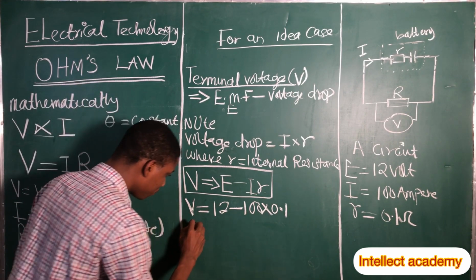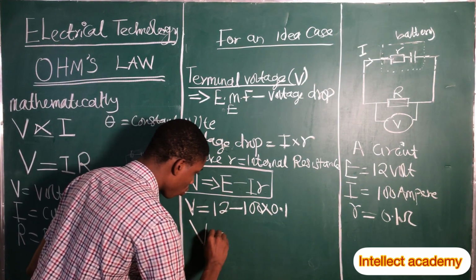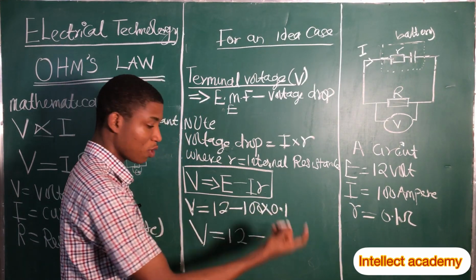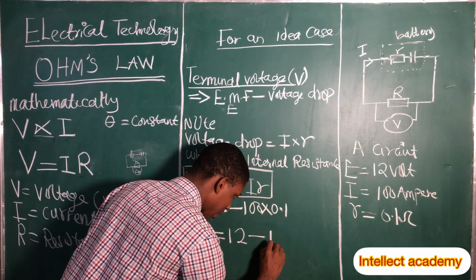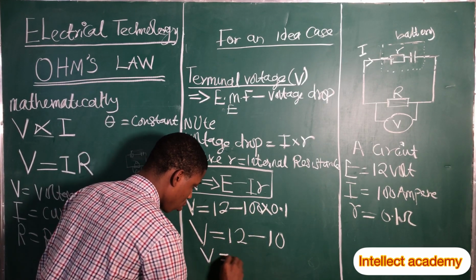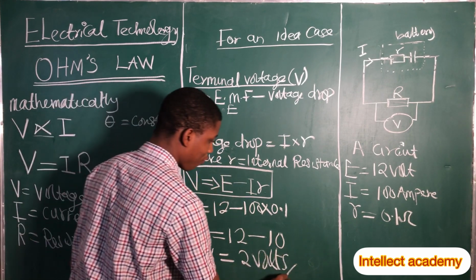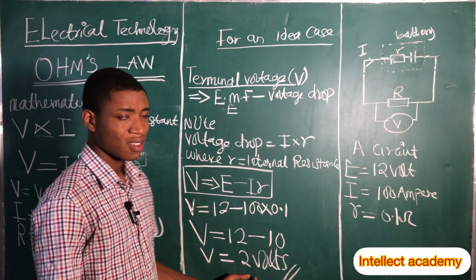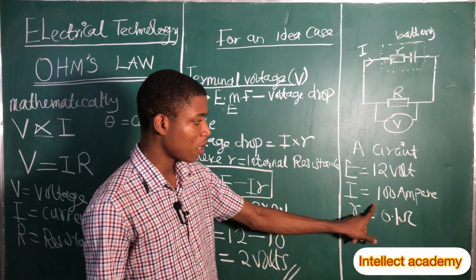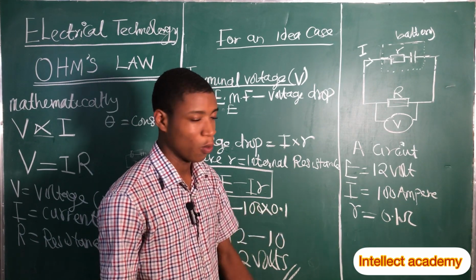So V, the terminal voltage, equals 12 minus 100 multiplied by 0.1, which is 10. So we have 12 minus 10, which gives us that the voltage is equal to 2 volts. So this is the value of the terminal voltage where the EMF is 12 volts, the current is 100 amperes, and the internal resistance is 0.1 ohms.